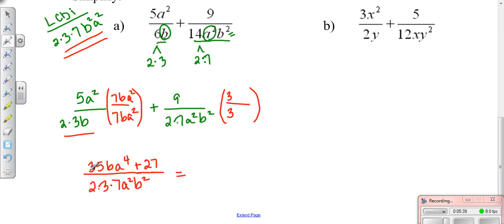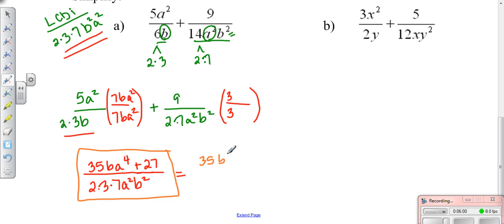I do. I have a common factor of 7, so I'm going to factor that out. Oh, I'm sorry, I don't have any common factors. I was misreading my writing. And so since I don't have any common factors, I am done. And that is my answer. And if you want to go ahead and clean up the numerator, we could do that just so it looks a little prettier.